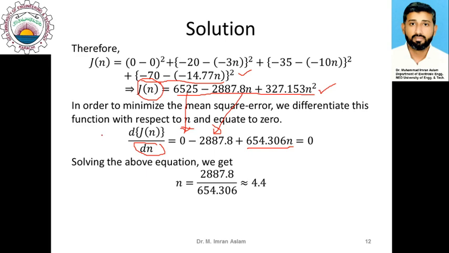In order to minimize, we have to equate it to 0. Just focus on this part: it is a simple equation dependent on n, and we can simplify it to get the value of n. n would be 287.8 divided by 654.304, and this comes out to be 4.4.